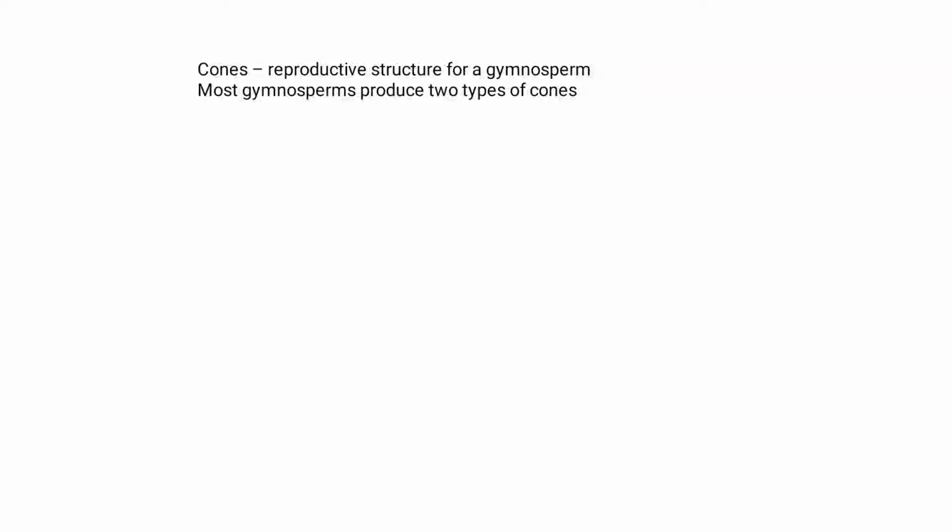But in case of gymnosperms, you will not find flowers. Instead of flowers, you will find cones. Cones are regarded as the reproductive structures for gymnosperms, instead of flowers as you see in angiosperms.